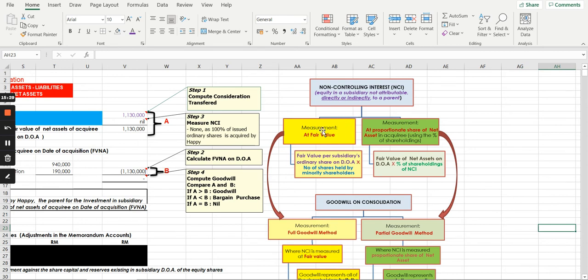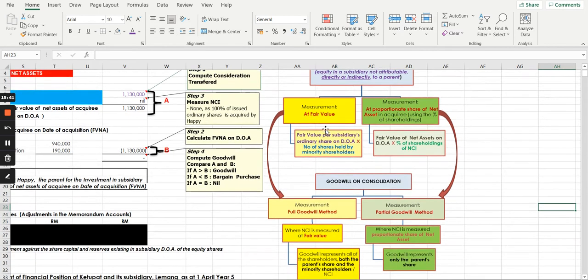One is it is measured at fair value, or the second option is that it can be measured at proportionate share of net asset. In our case, none, because there is no non-controlling interest. This will only happen if there is a non-controlling interest, let's say 30% or maybe 40% non-controlling interest. So that then only we talk about this. But here I just like to go and do a little bit of review. So when we say measurement at fair value, what does that mean?